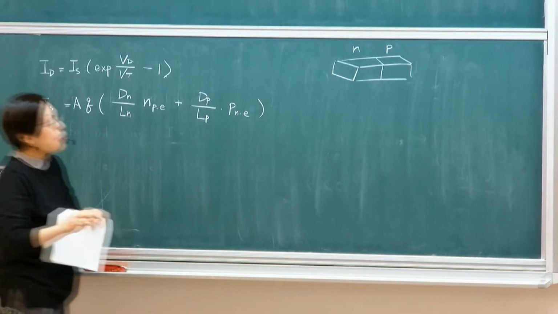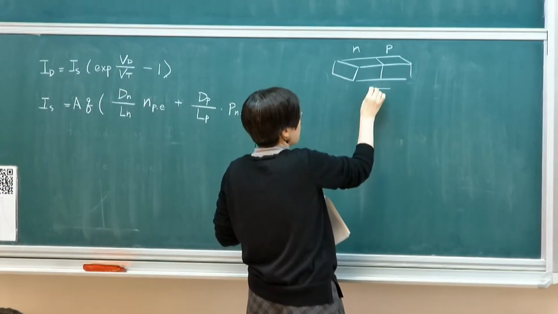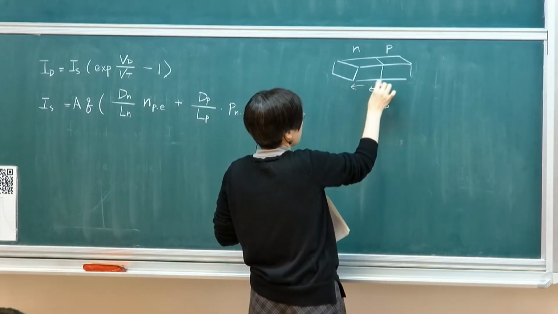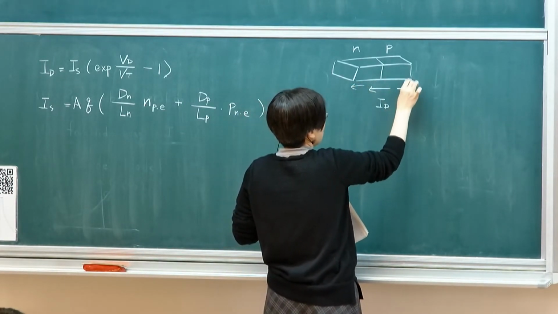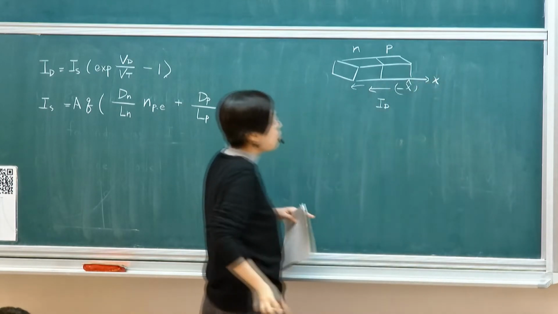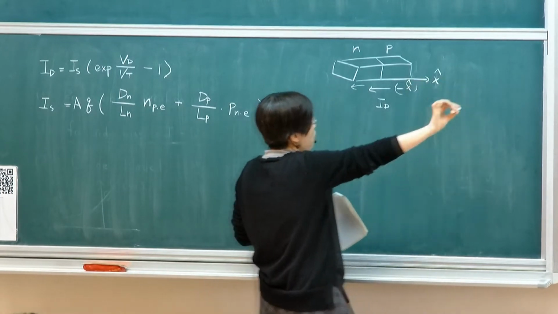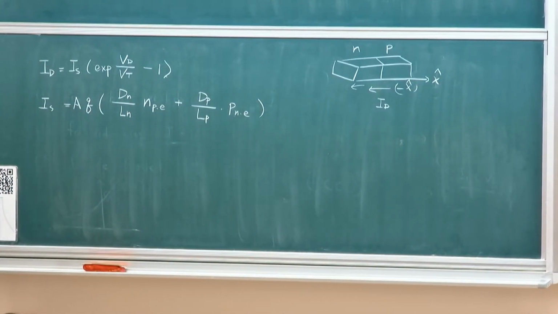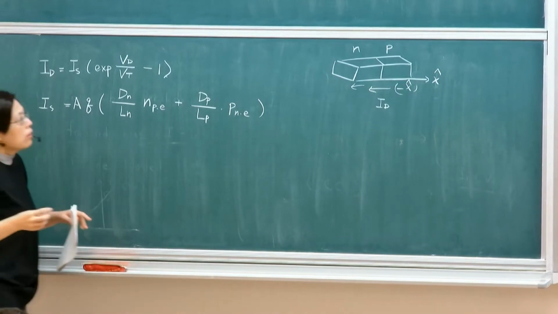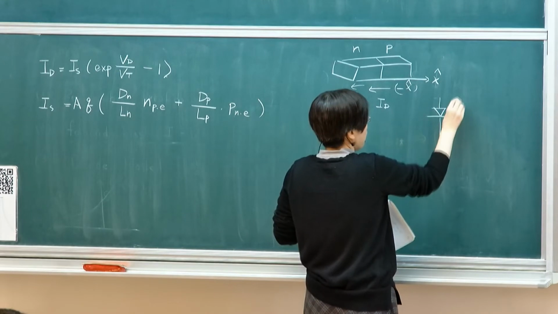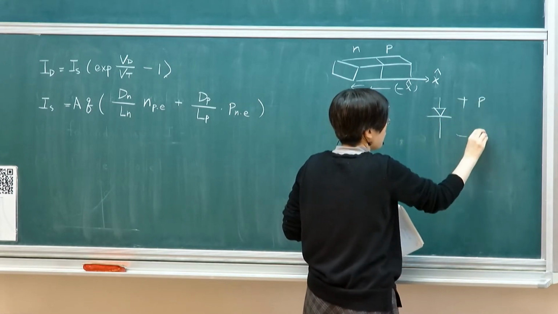If we're defining current flowing in this direction as positive, this is ID. This is actually defined as the minus x direction, if this is the x direction. At our beginning, we're defining x positive on that side. And because the current's minus sign is positive, I take out the minus sign. So the diode current is positive from P to N. Okay?